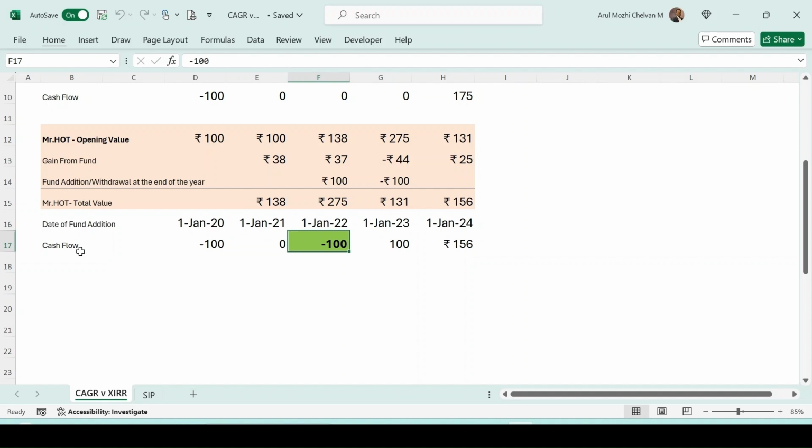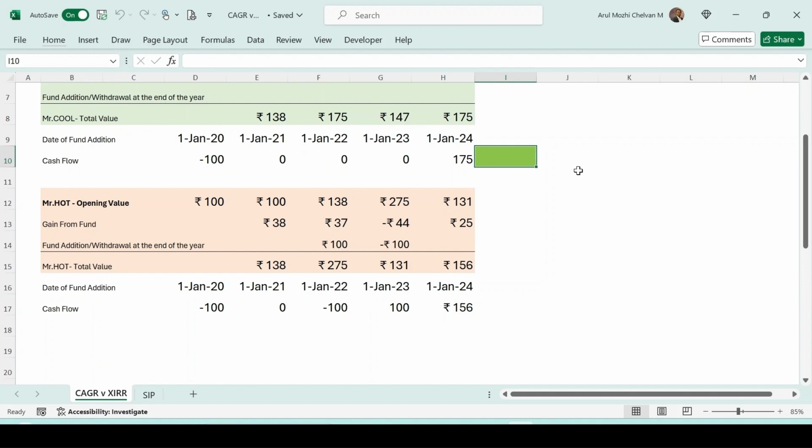So he added rupees 100. This is a cash outflow for him. That is why I put minus 100. And at the end of third year, because of the negative return, he withdrew 100 rupees. So this is a cash inflow for him. He redeemed the investment, so it is a cash inflow for him. And finally, at the end of fourth year, he took all his money from the fund, which is 156.